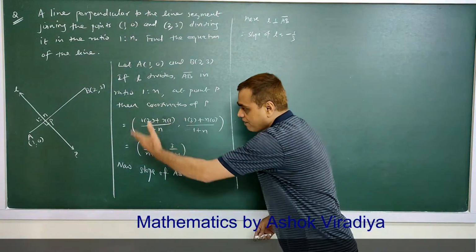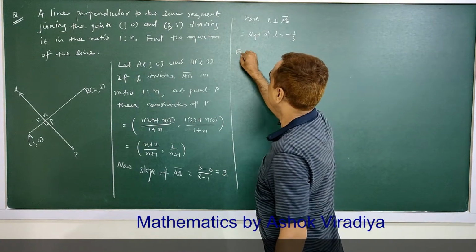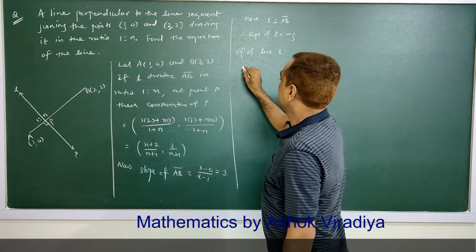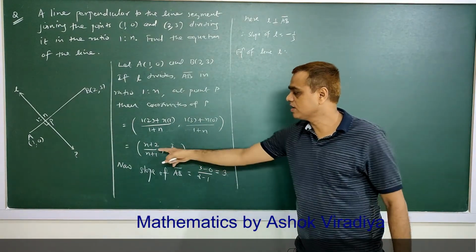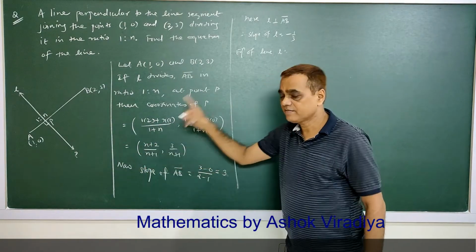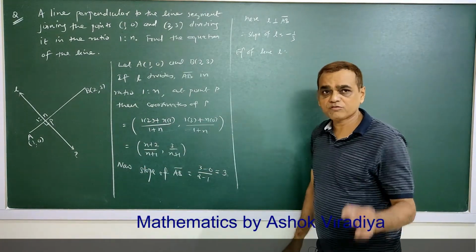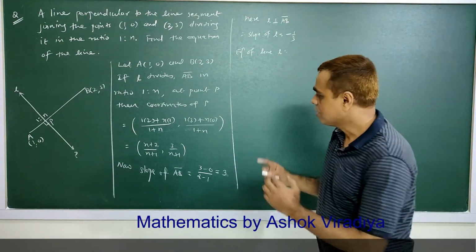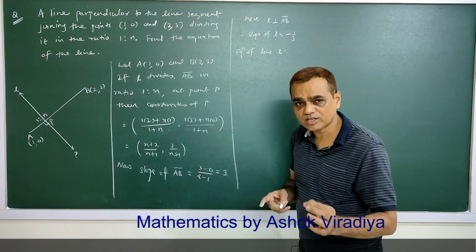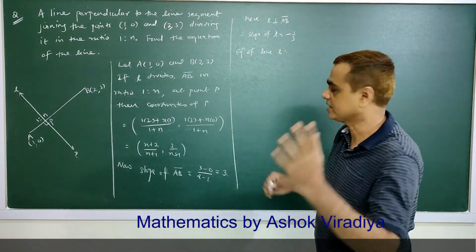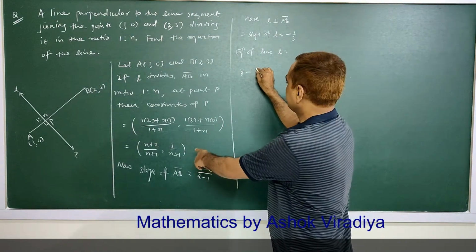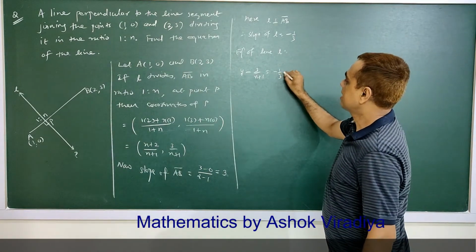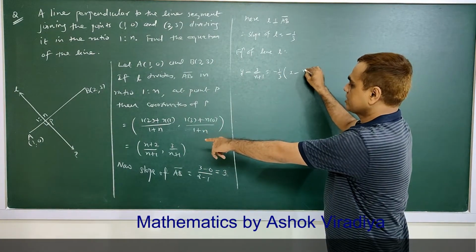So after getting the slope of L, now the equation of line L is: we know a point on L, we know its slope. So we are using the point-slope form: y minus y1 is equal to m into (x minus x1).